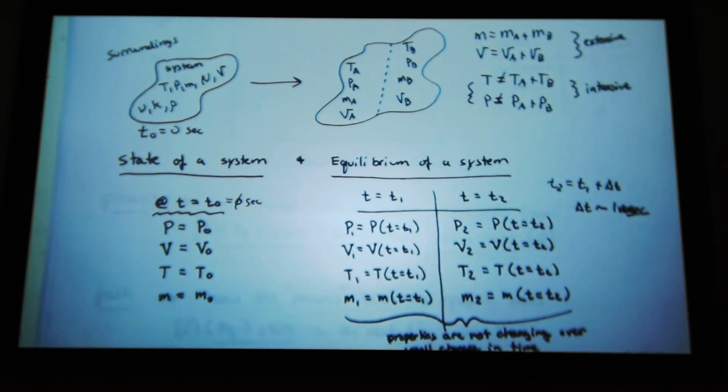So over short time intervals, it looks like my system's at equilibrium. But if I were to find that my temperature is changing over a nanosecond, then I could say that the system's not at equilibrium, at least thermal equilibrium.